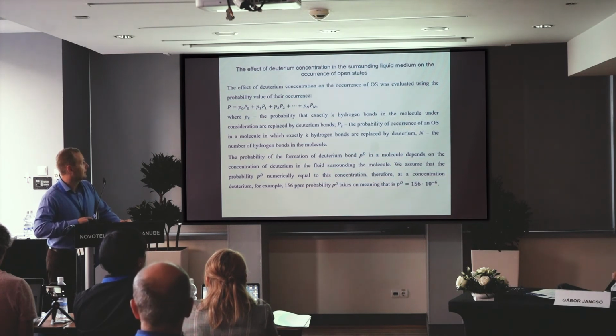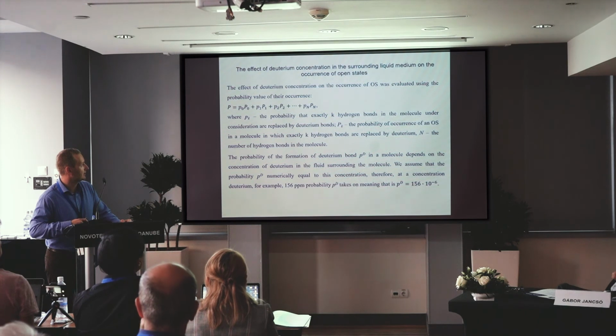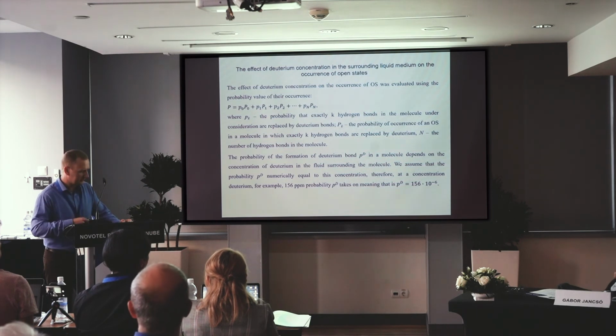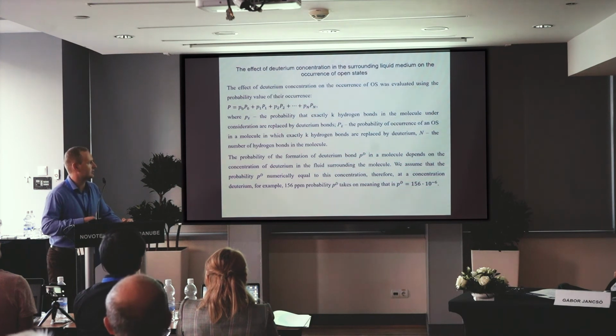The probability value of occurrence of open states looks like this. So this one is the one deuterium, and the probability of open states occurring.